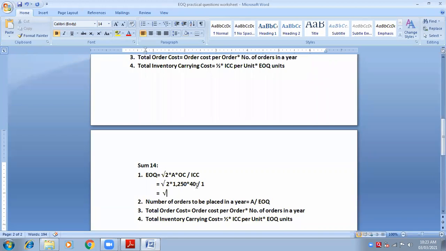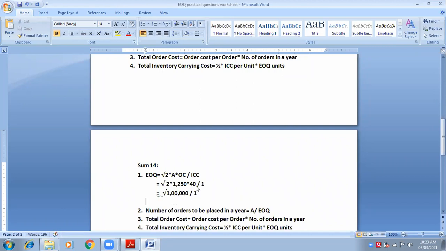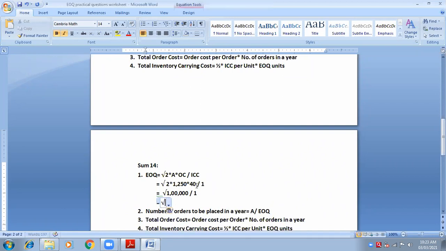So what will be your answer? 1 lakh. So it is 1 lakh. 1 lakh divided by 1. So again, the whole square root of, tell me, 1 lakh divided by 1 will be what?